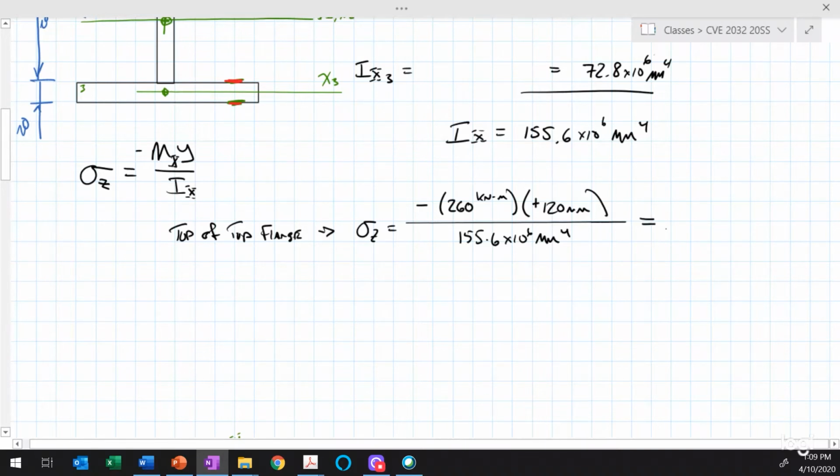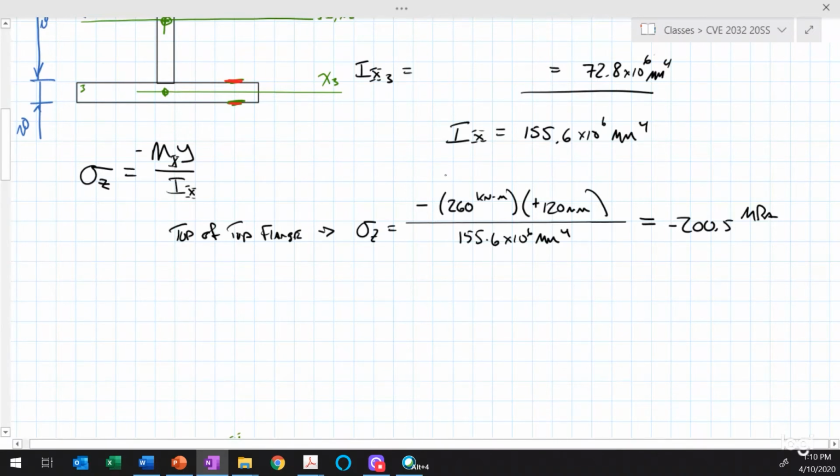And if we go ahead and push the correct numbers through here, then what we end up with is a value of 200.5 megapascals, and it's negative, of course. Now, in working through these calculations, if we work in units of kilonewtons and millimeters, then we end up with our result in gigapascals.